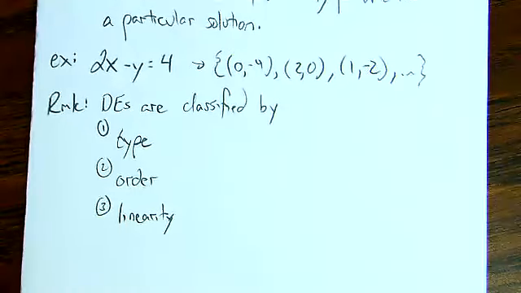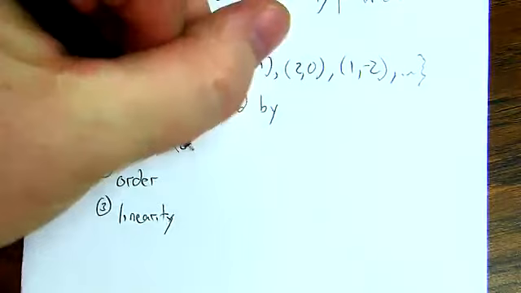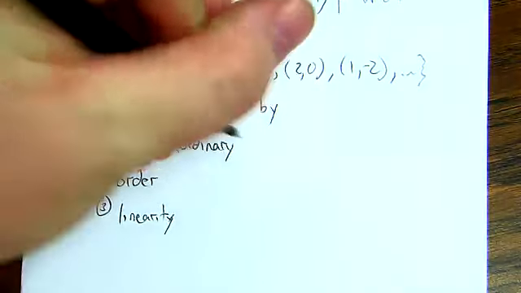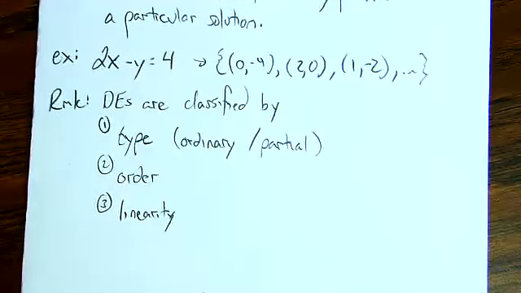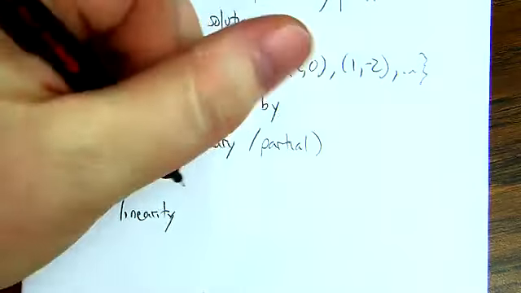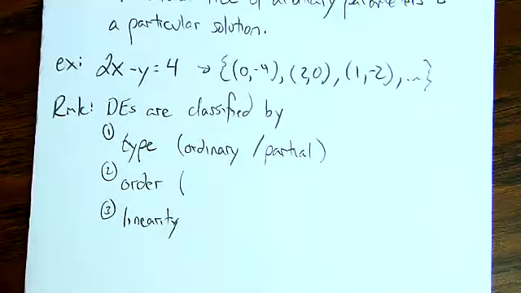Now, when I say type, the two types of differential equations are ordinary differential equations and partial differential equations. When I talk about order, in the same way as when we classify a polynomial by whether it is to the first power, the second power, third power, and so on, we have the same idea with differential equations.